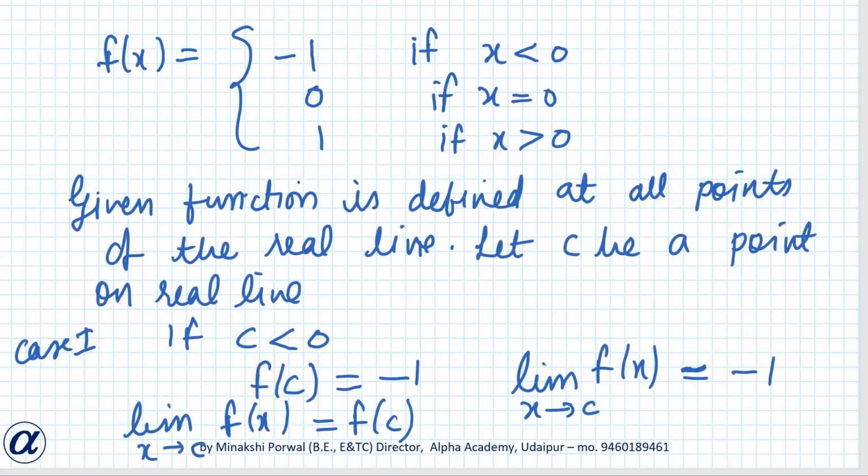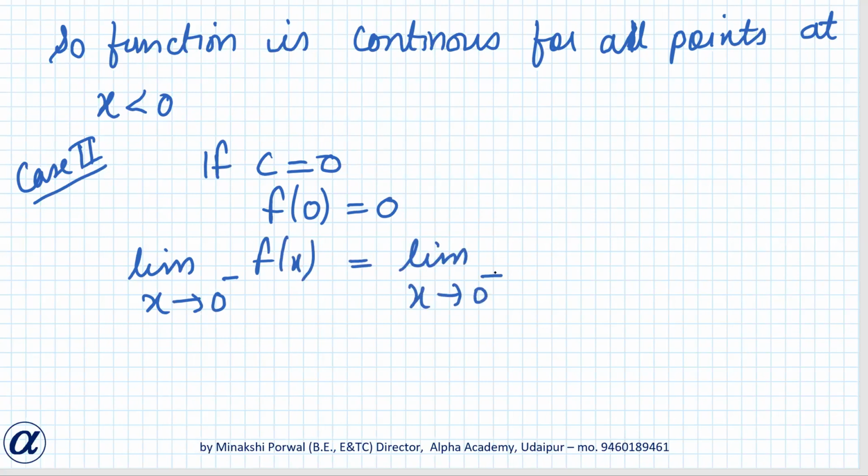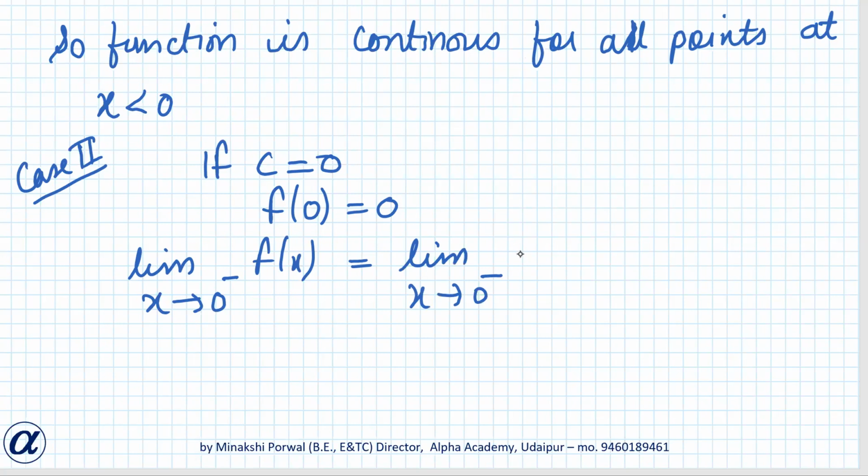Okay. Then limit x tends to 0 minus f(x) is equal to limit x tends to 0 minus, for 0 minus its value will be -1. So it is -1.